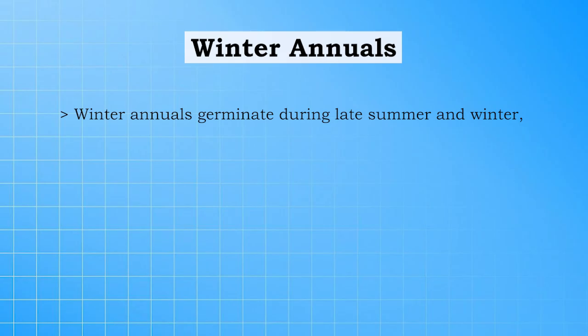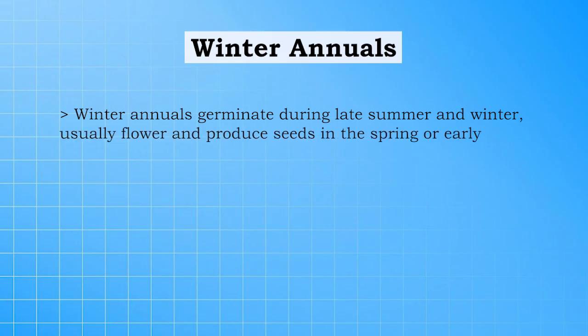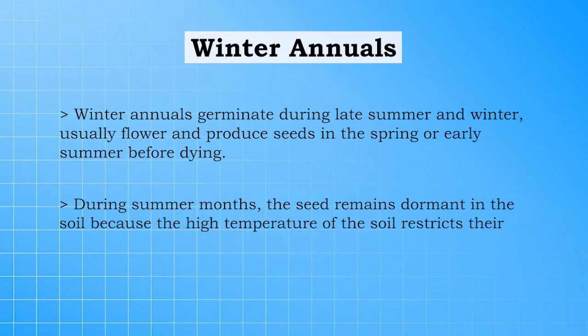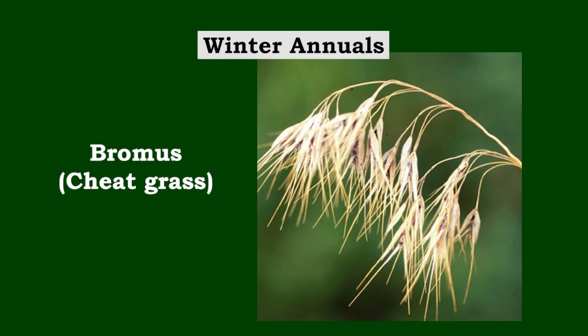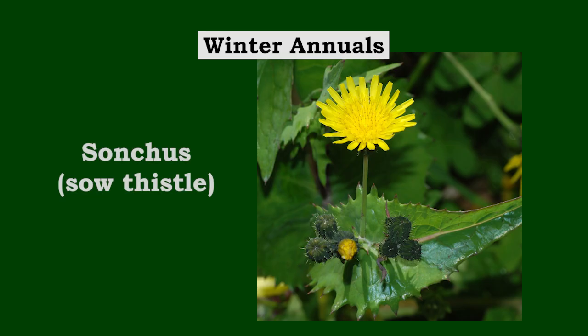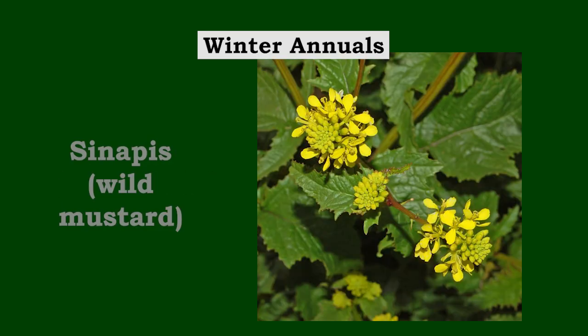Winter annuals. Viewers, they germinate during late summer and winter. They usually flower and produce seeds in spring or early summer before dying. During summer months, the seeds remain dormant in the soil because the high temperature of the soil restricts their germination. The winter annual weeds include Bromus, that is cheatgrass, Capsella, also known as shepherd's purse, Sonchus or sow thistle, and Sinapis, that is wild mustard.